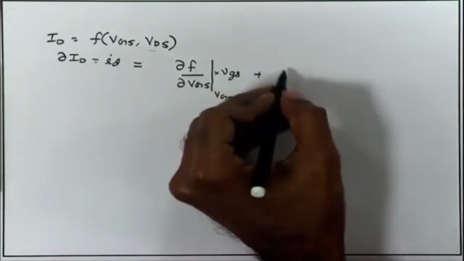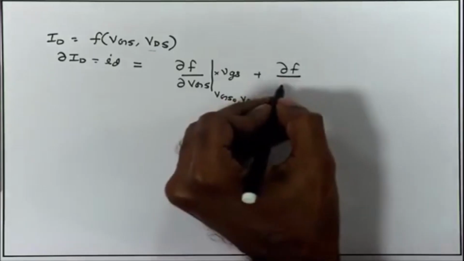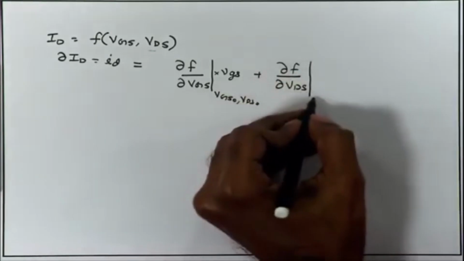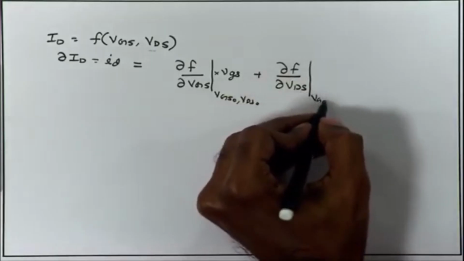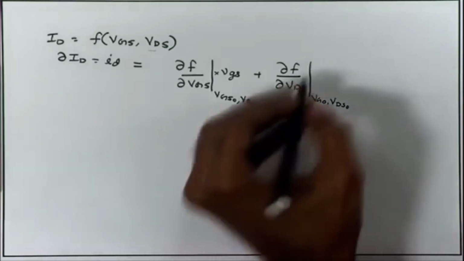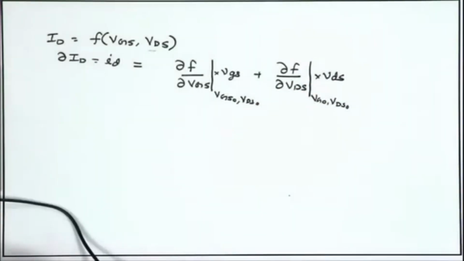Likewise, I can differentiate it with respect to the second independent variable Vds, again defined at a particular Vgs naught, Vds naught, and multiply this by the small change in drain to source voltage, that is Vds.